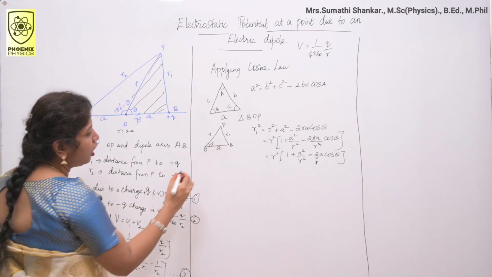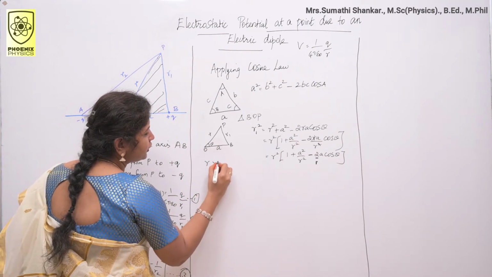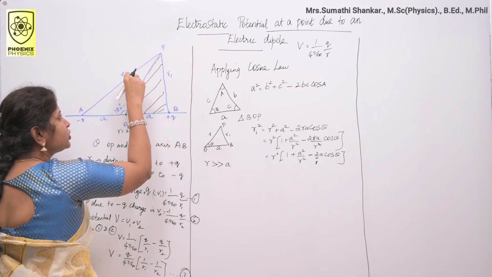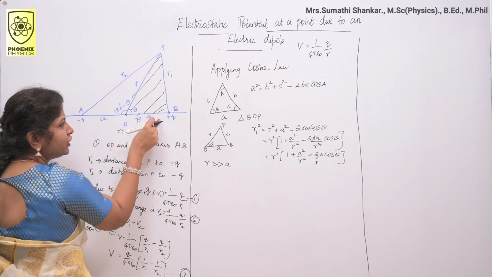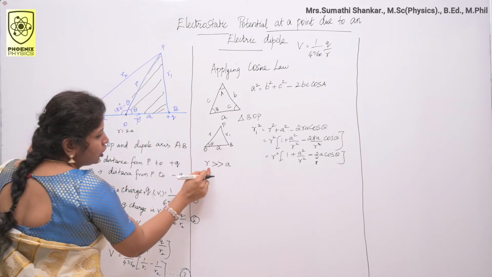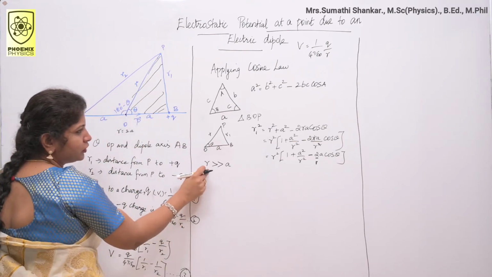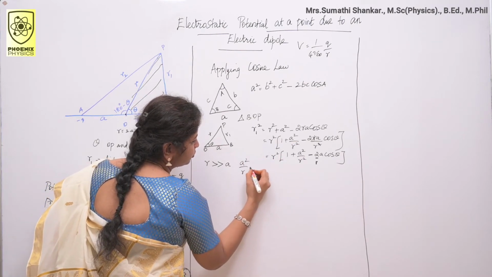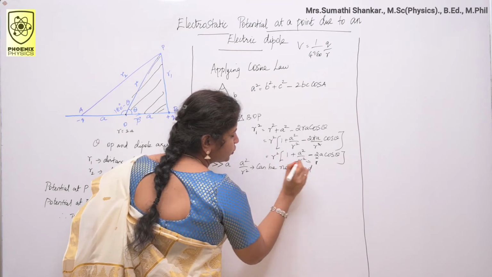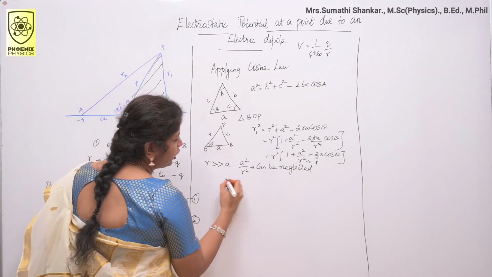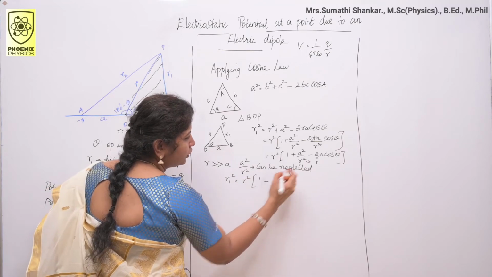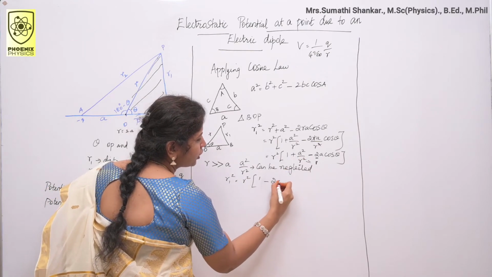Suppose r is very much greater than a. So P is far away from the dipole, meaning this r distance is very much greater than this a distance. Under this condition, you should neglect the a square by r square term. You need not worry about this term. Then the remaining term, r1 square is equal to r square into 1 minus 2a by r cos theta.